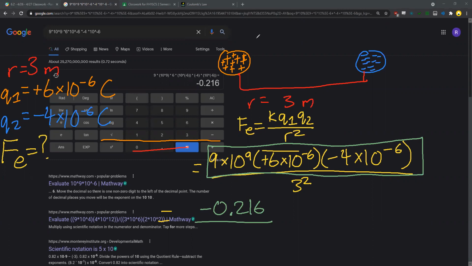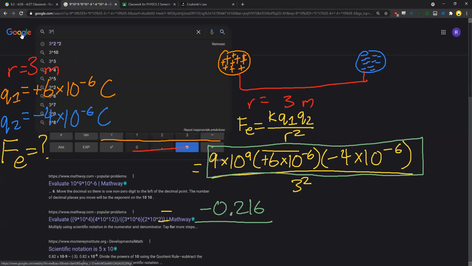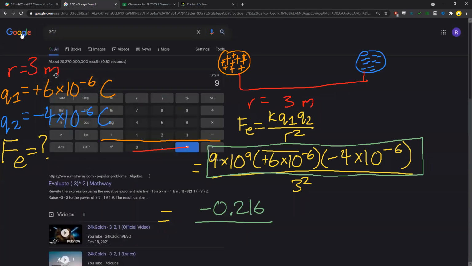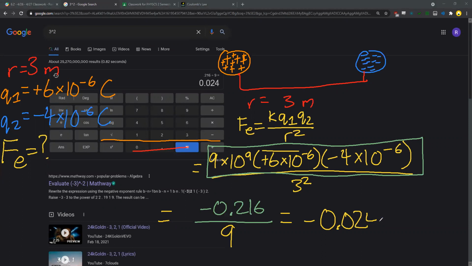Hopefully you don't need a calculator for 3 squared, but just in case you do, which is fine, 3 squared is 9. And this becomes negative 0.24.